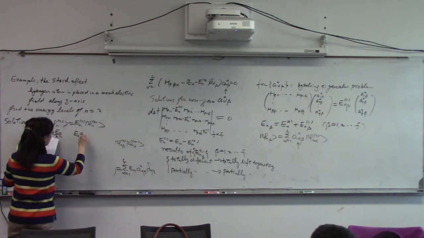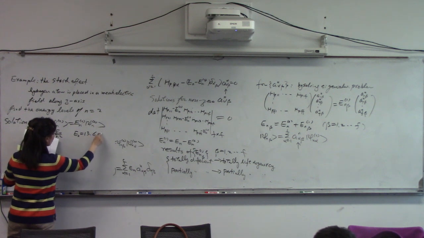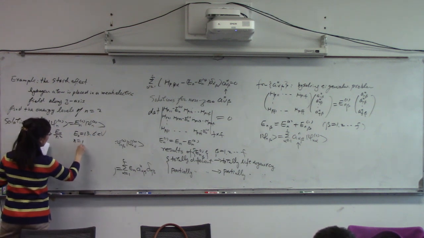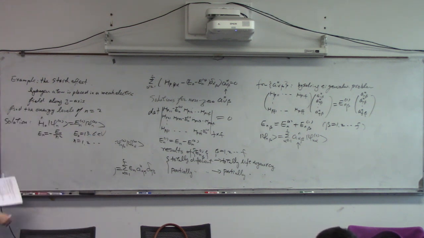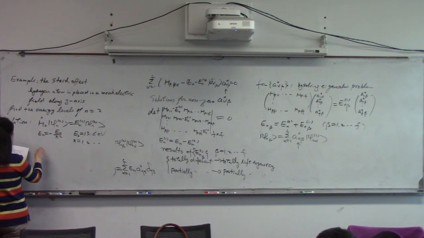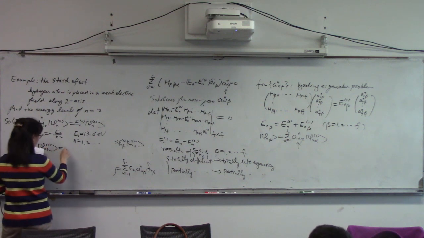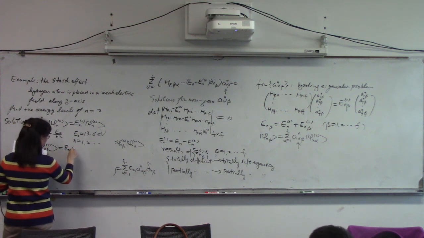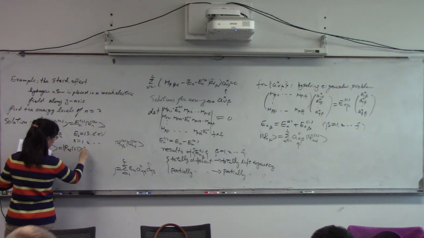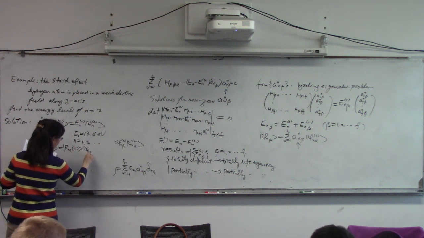I just gave you the number, but you know where it comes from, right? n is from 1, 2, and so on, so that is degenerate. psi n l m is the radial part R n l and the angular part Y l m, right?